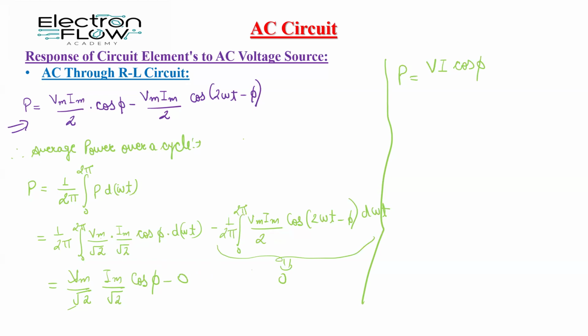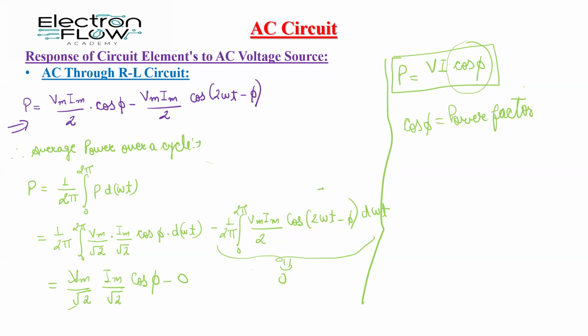Basically this is the equation for the average power in the case of the RL circuit. This equation shows that for a given value of voltage and current, the power consumed by a circuit depends upon cos phi. Therefore, cos phi is called the power factor.